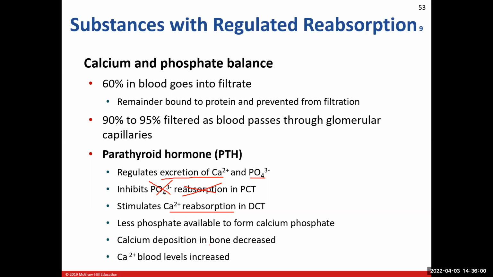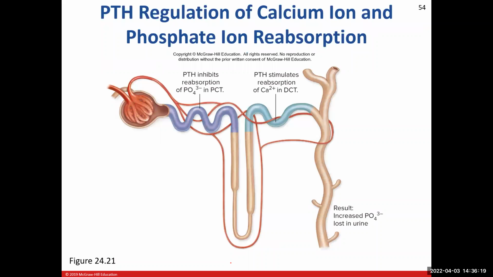So we dump the phosphate, we keep the calcium. So we decrease calcium deposition in our bone tissue. And where else can it go if it can't be deposited in the bone tissue? It's going to float in the blood, and therefore it increases your blood calcium levels. It's very, very helpful. So here we can see PTH is going to inhibit resorption of phosphate in the proximal convoluted tubule, so it stays in the tubular fluid and works its way through the nephron.